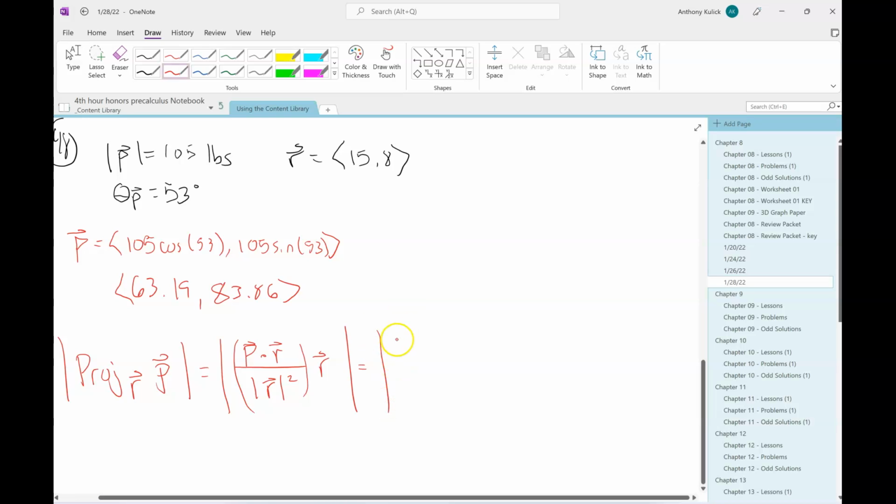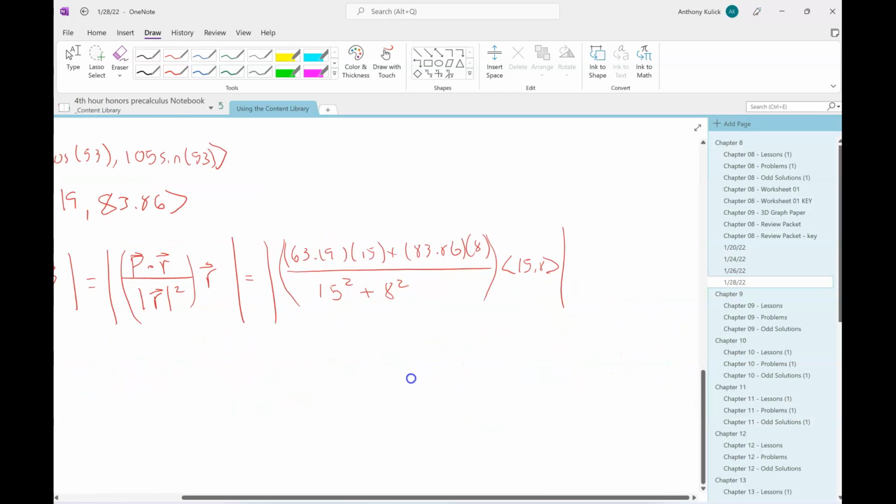So P dot R is going to be 6319 times 15 plus 8386 times 8. The magnitude of R squared is just going to be 15 squared plus 8 squared. And then we're still going to have to multiply that by R and then take the magnitude.